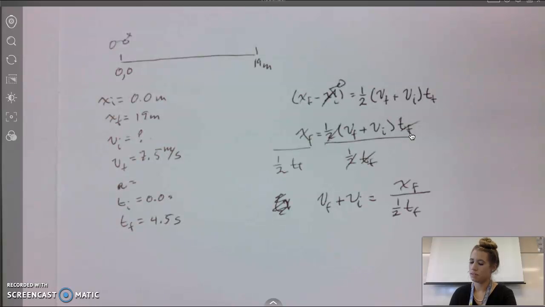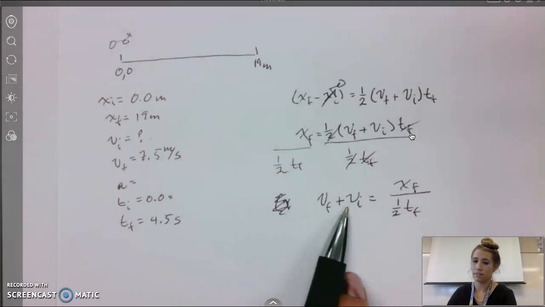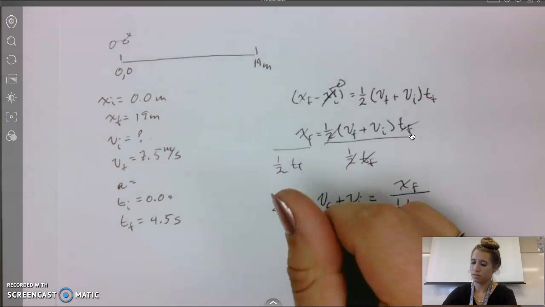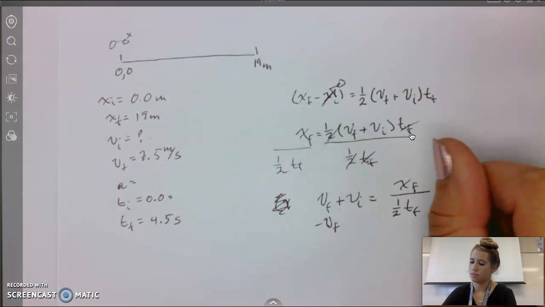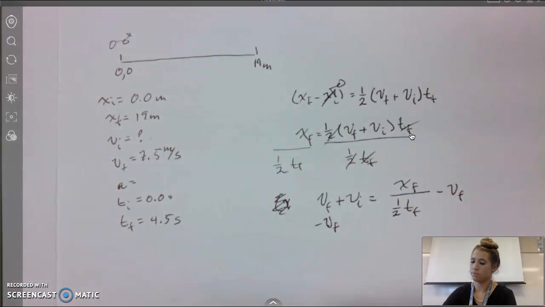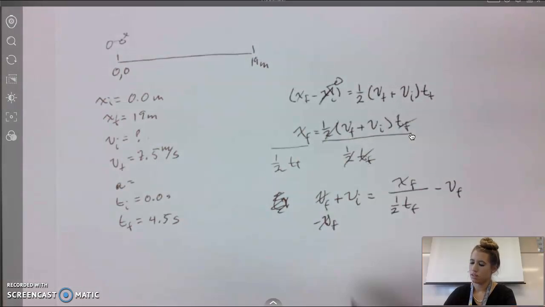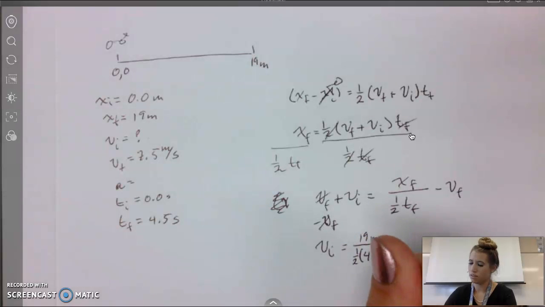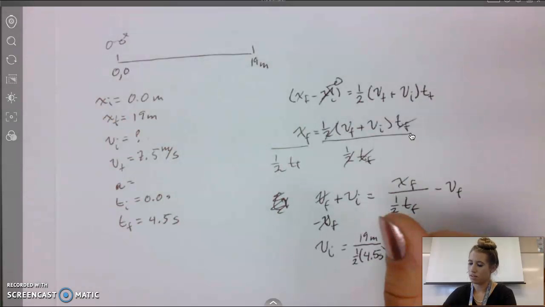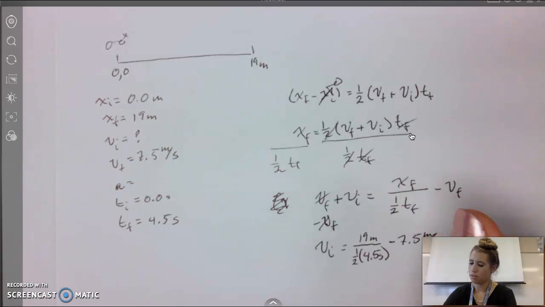And then we want to get velocity initial by itself, so we're going to subtract velocity final to both sides, because it's added to that. So velocity initial is going to equal x final which was 19 meters, divided by 1/2, multiplied by time final, which is 4.5 seconds, minus velocity final, which was 7.5 meters per second.